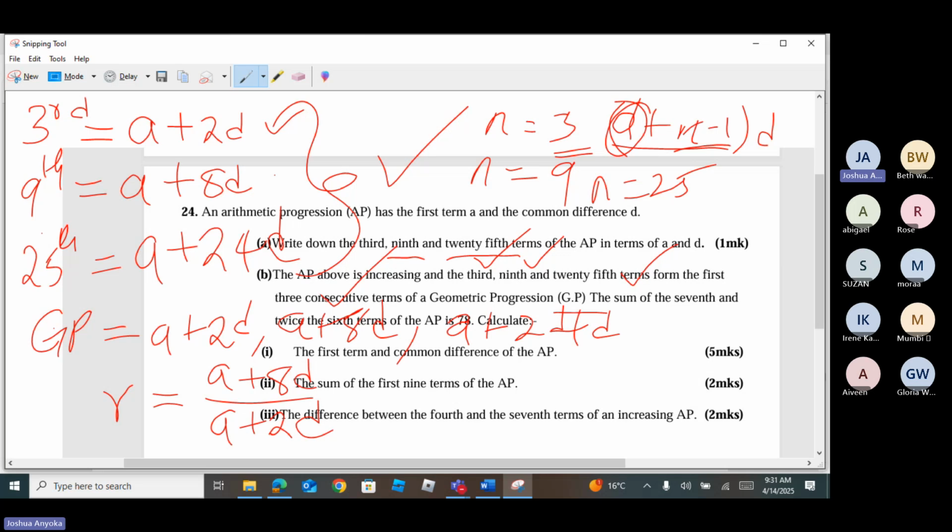We said somewhere that if we have 3 consecutive terms, the common ratio would be the second term over the first, which is equal to the third term over the second, so A plus 24D over A plus 8D. This expression makes sense because it makes consecutive terms of a geometric progression.